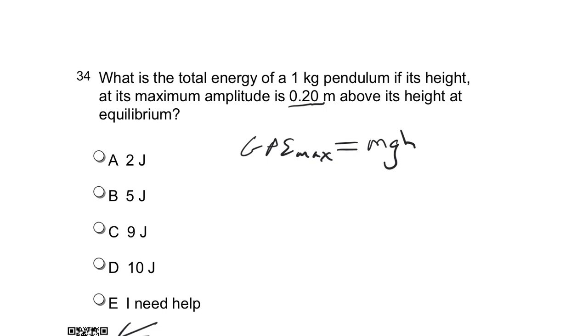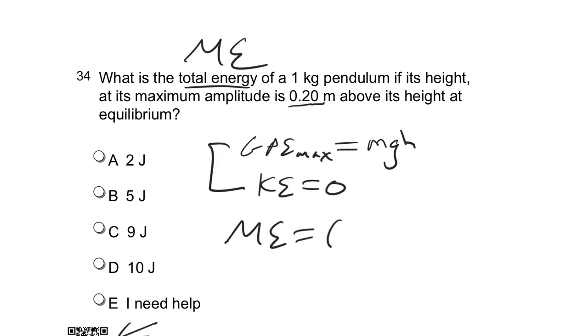And you might say, well, what's the KE then? Well, KE is 0 and you have GPE max, so the total energy equals GPE plus KE, but KE is 0 when GPE is max.